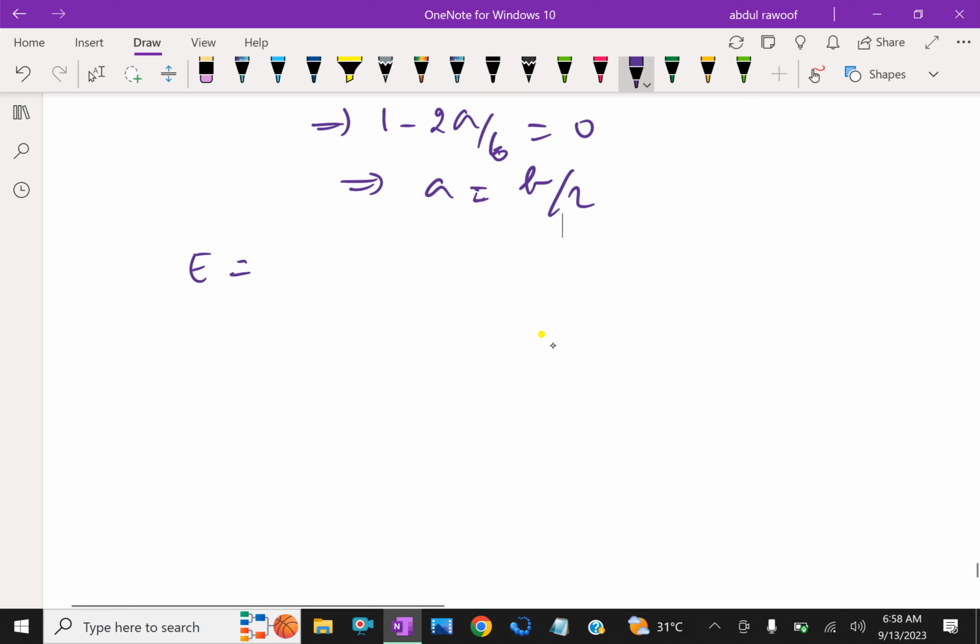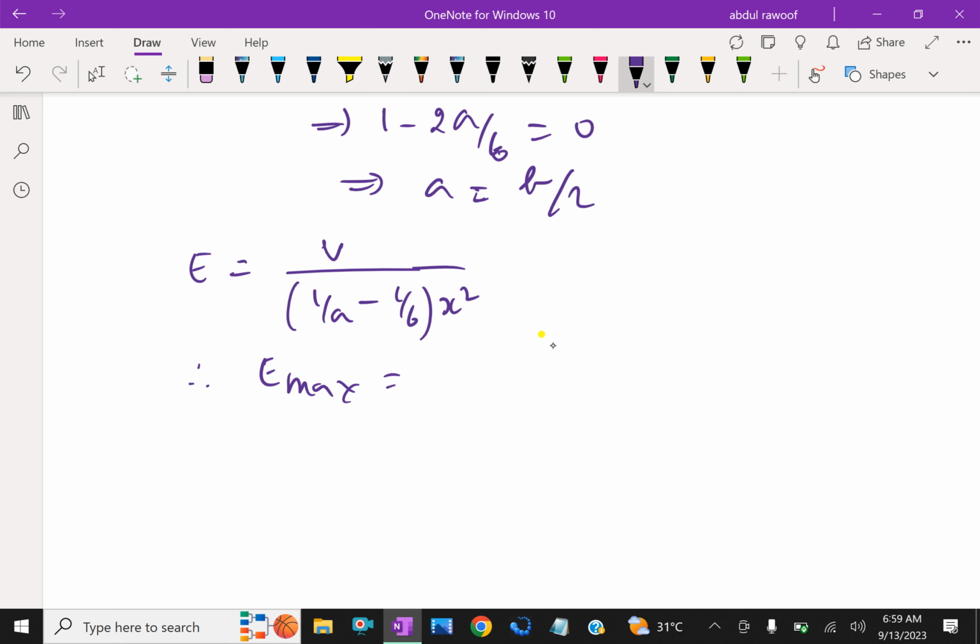Therefore, E max equals V over 1 over A minus 1 over B, and x is A, that is A square. Now substituting the value A equals B by 2.